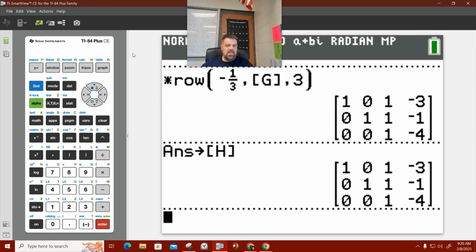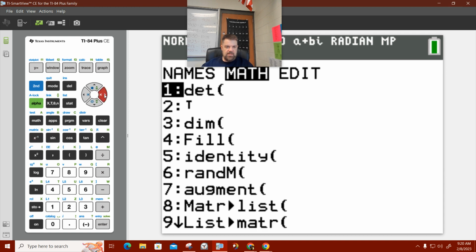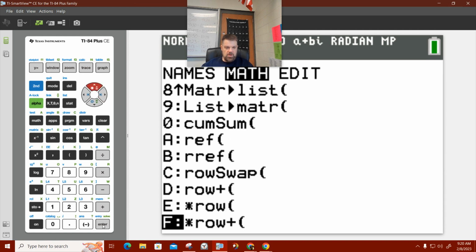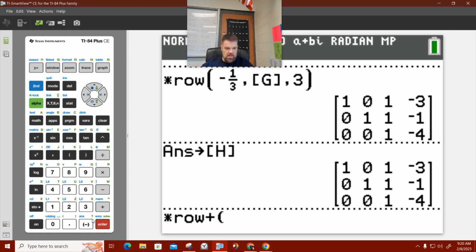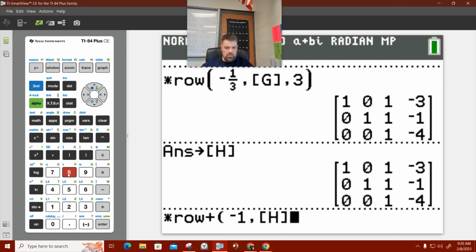I'm going to hit math. I'm going to go to option, the math, multiply row add, multiply by negative 1 of matrix. Now we're on H, which was the 8th one, comma. I'm multiplying row 3 and adding it to row 1.